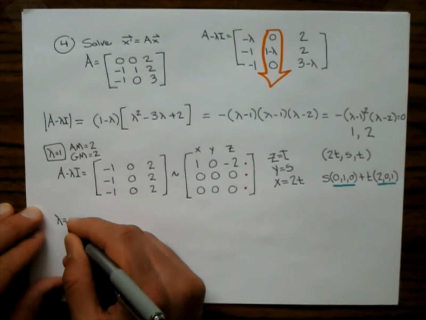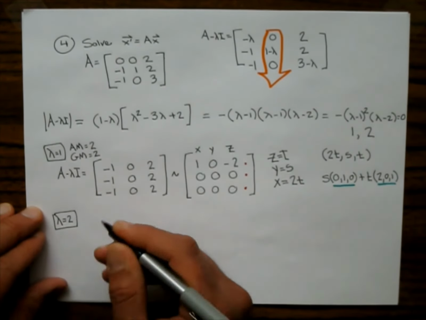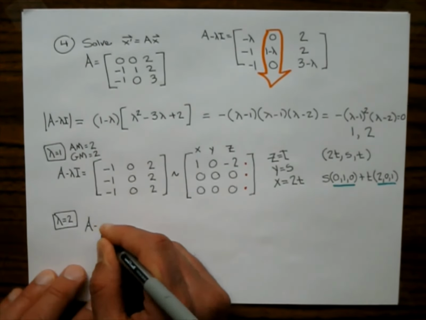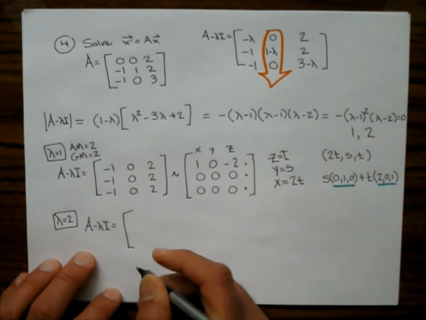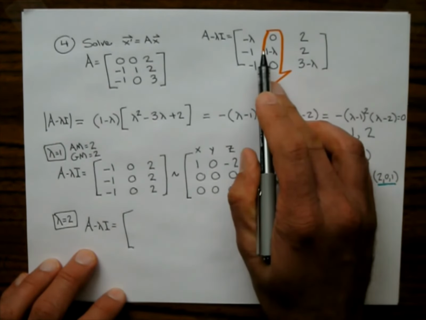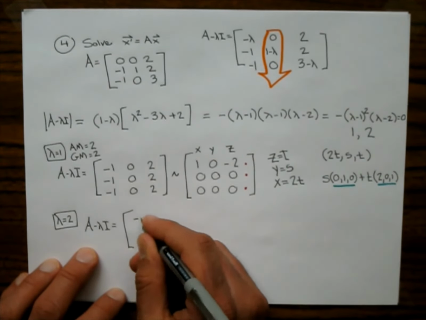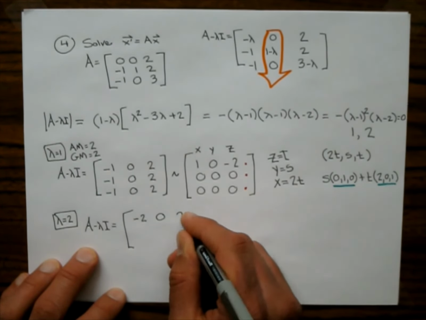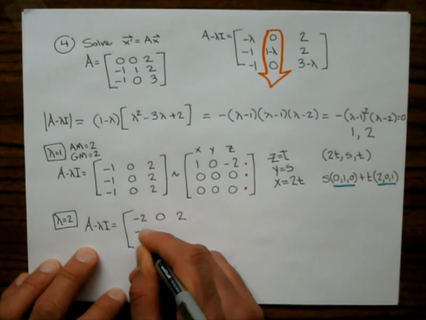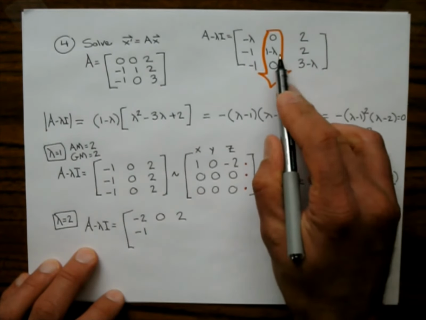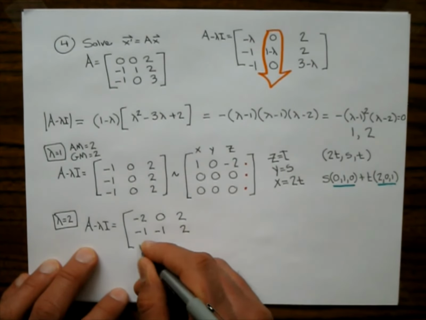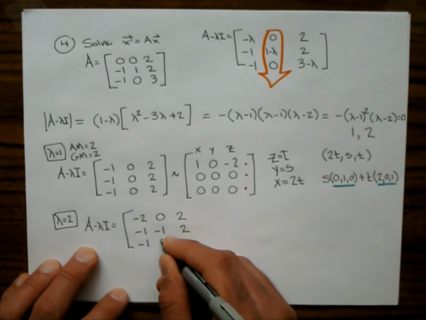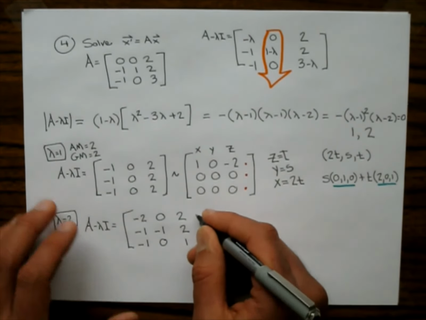Lambda equals 2. So A minus lambda I, let's see what we get on this one. This is going to be negative 2, 0, 2, then negative 1, 0, 2 with the negative 1 from putting 2 there, and the last one's going to be negative 1, 0, 1.